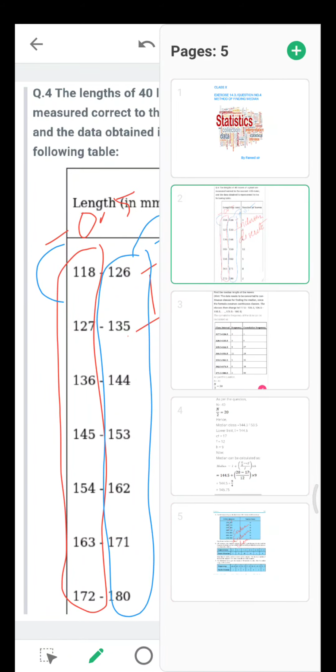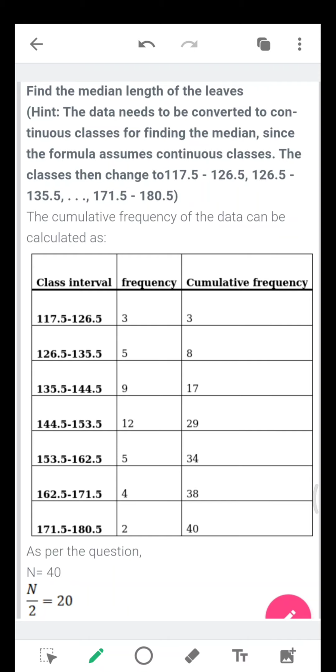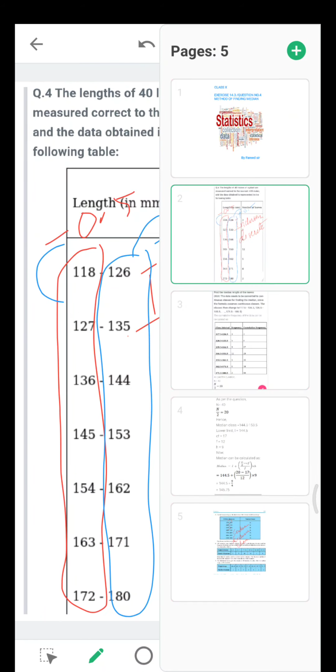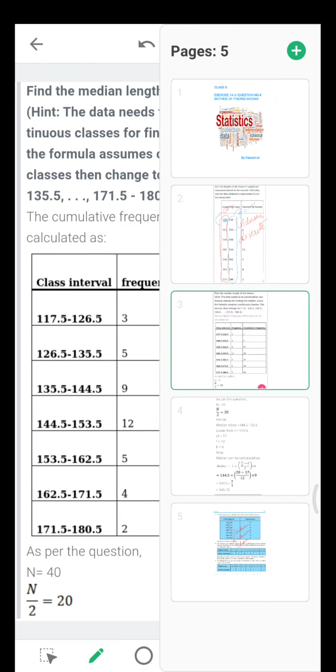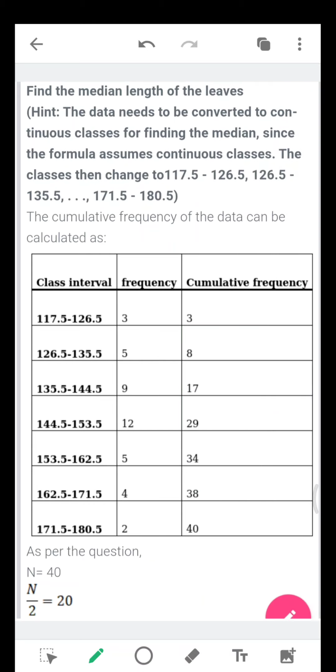So that's all he's doing here now. So you can see here 117.5. 118 was here, so this 118 is converted to 117.5.